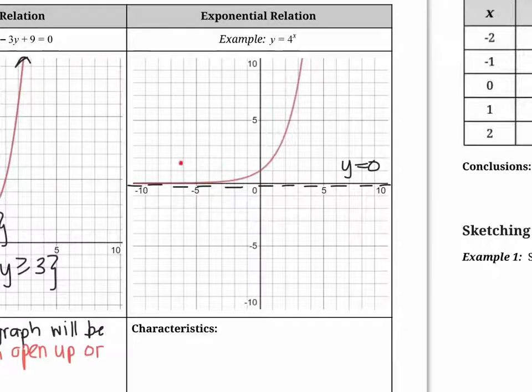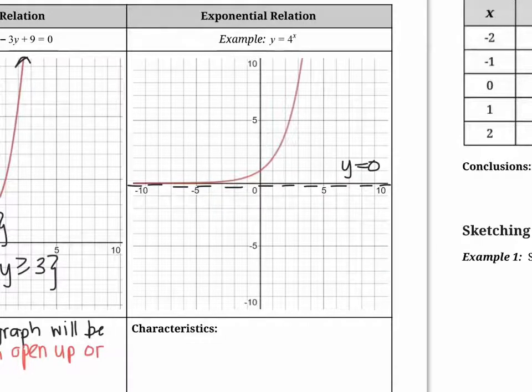So what's actually happening here, if we zoom in on Desmos, is this function is coming really, really close to the line y equals 0, but it's not actually touching it. It's hard to see from here, but if you look on Desmos and you keep zooming in and zooming in, this graph never actually touches the line y equals 0.